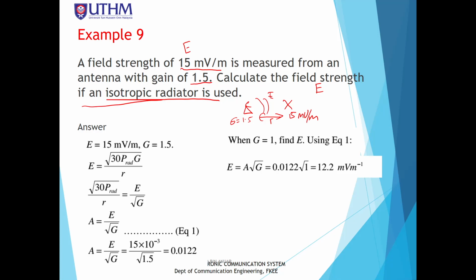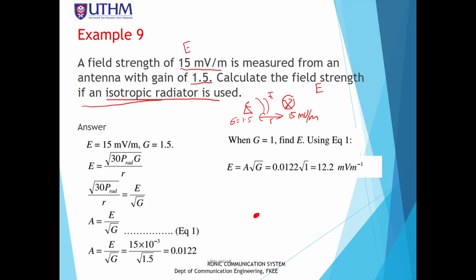Now the question is, if we use the same amount of E field, kalau kita menggunakan E field yang sama tetapi antena yang berbeza, so let's say we want to have the same E field at a certain distance but using a different kind of antenna, an isotropic antenna.